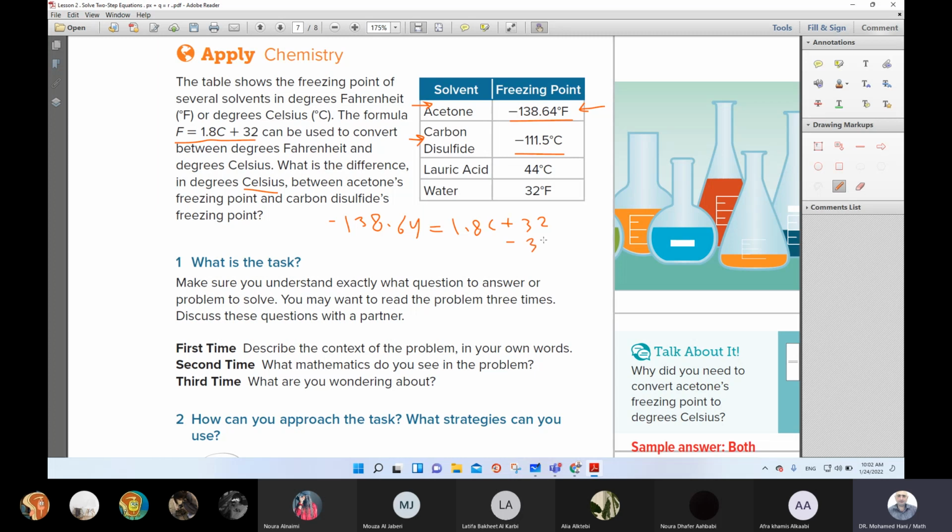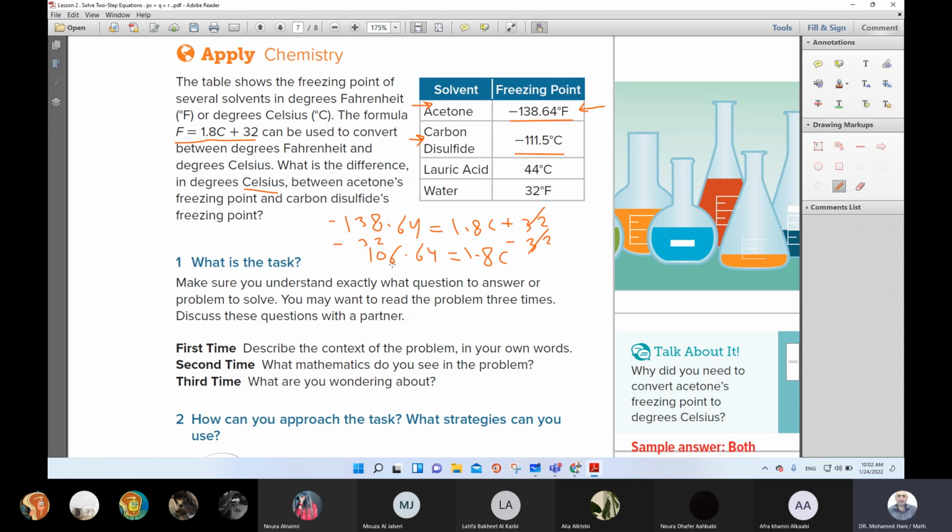So minus 32 here and minus 32 here. On the first side, 32 minus 32 is 0, remains here 1.8 C. And here 138.64 minus 32 will be 106.64.